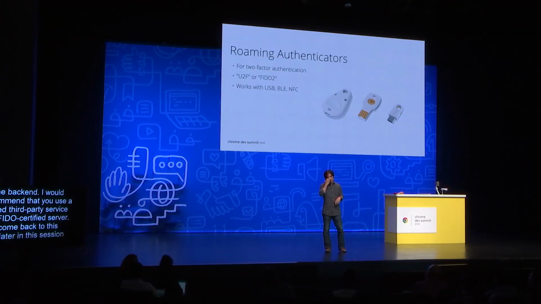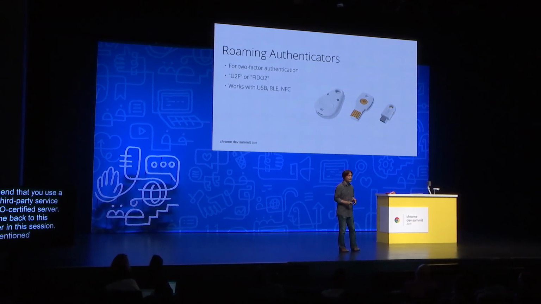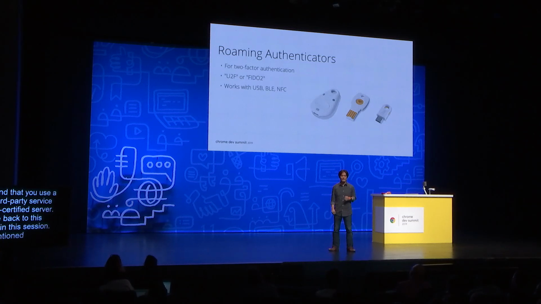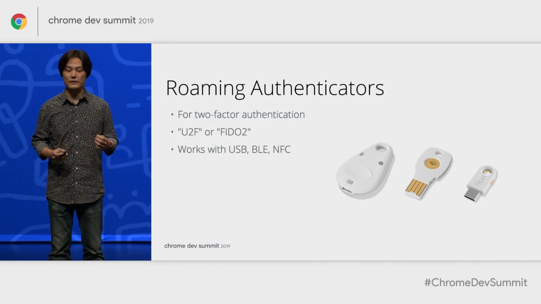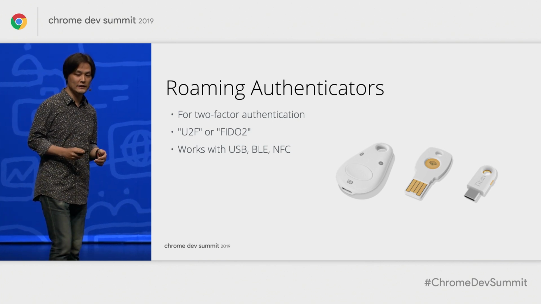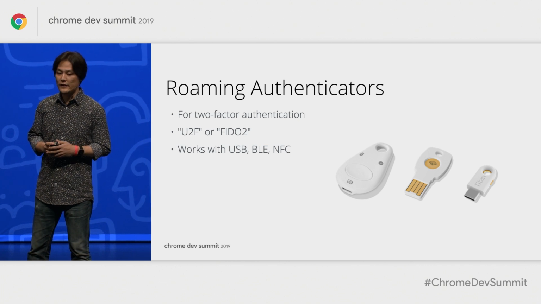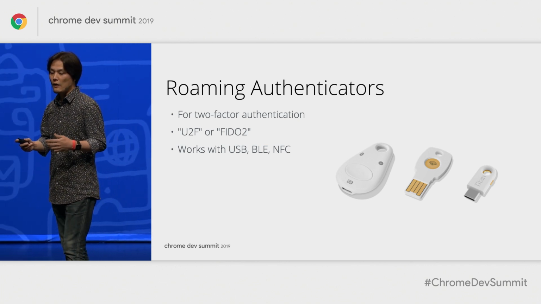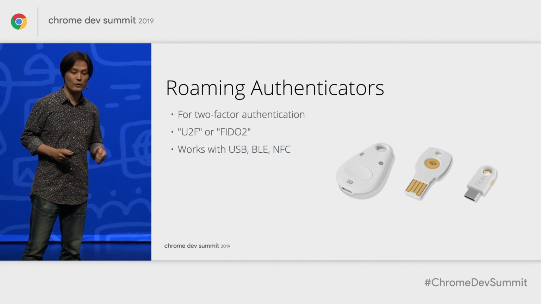I have mentioned authenticators many times in this session so far. But what exactly are authenticators? And what kind of authenticators do you need to have on hand for development, or assume users might be using? For two-factor authentication, users can use authenticators that are marked as U2F or FIDO2.